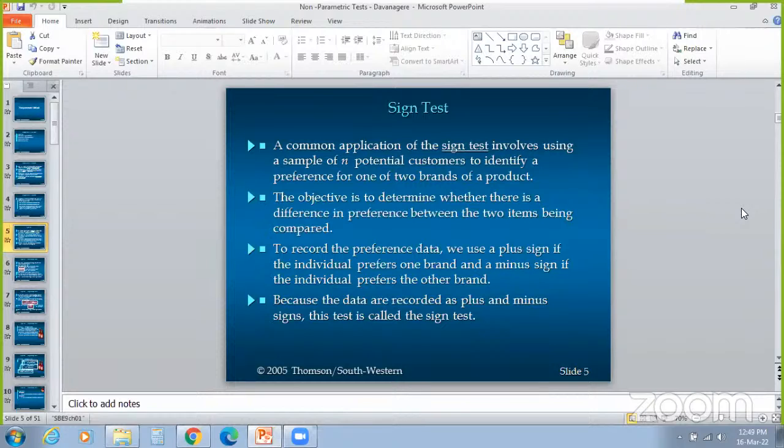Let us assume the first person prefers brand A, so you put plus. If another person does not prefer A, you put a minus sign for him. That's why the preferences are represented in terms of the signs, plus and minus. Because of this, the name of the test is the sign test.